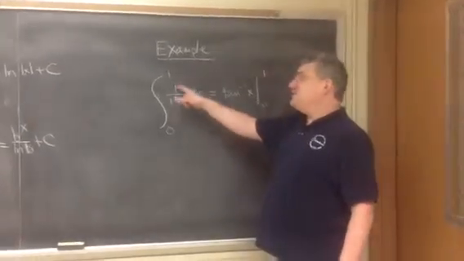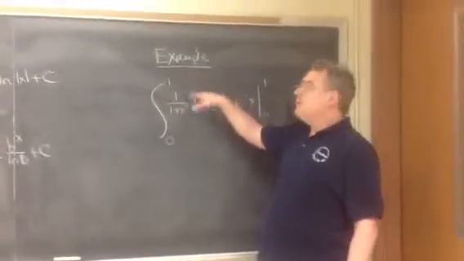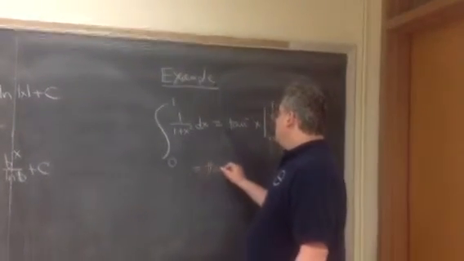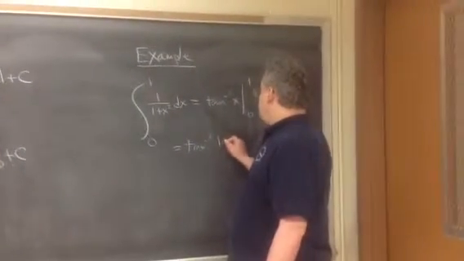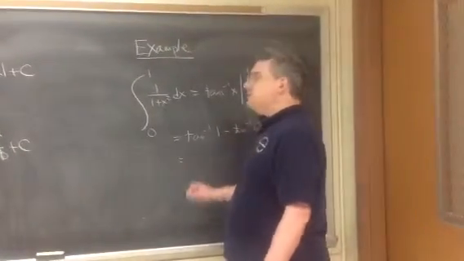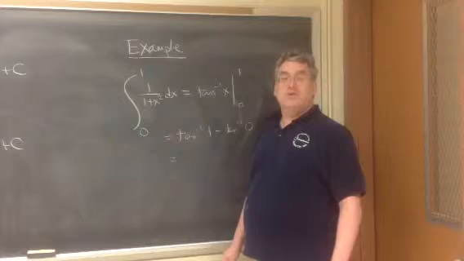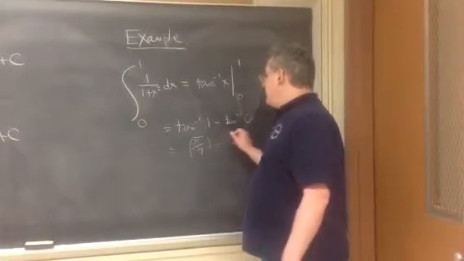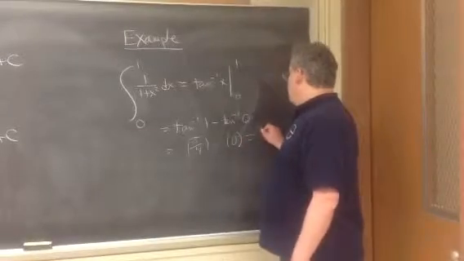It gets harder when this no longer looks like what we want. So we have inverse tangent of 1 minus the inverse tangent of 0. Might have to get your calculator out. Hopefully you remember some of it. This is pi over 4 minus 0, or pi over 4.